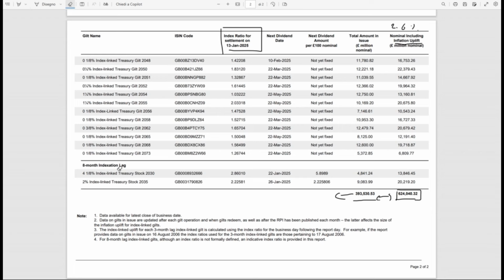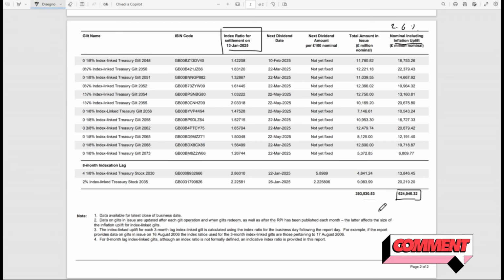This is a taking stock of the issues that are at the base of why yields are going higher and higher, because you have this inflation linked issuance that is causing problems in the market.